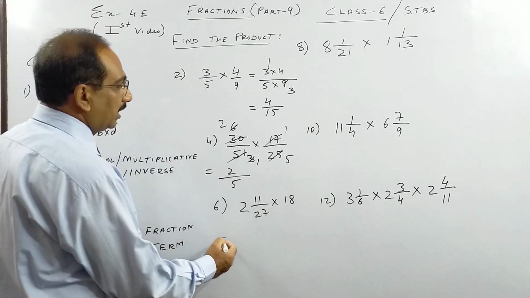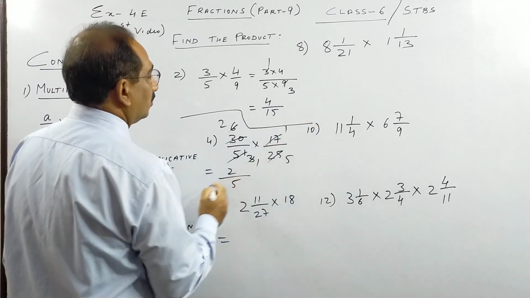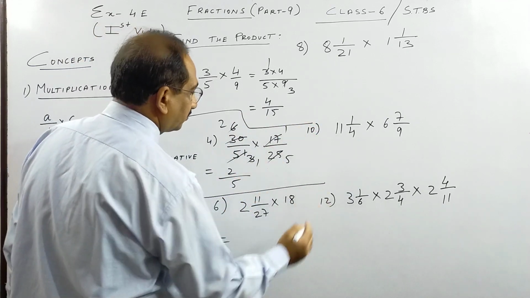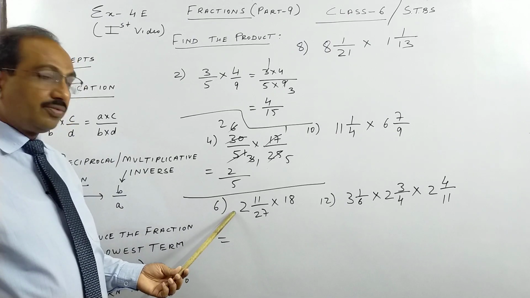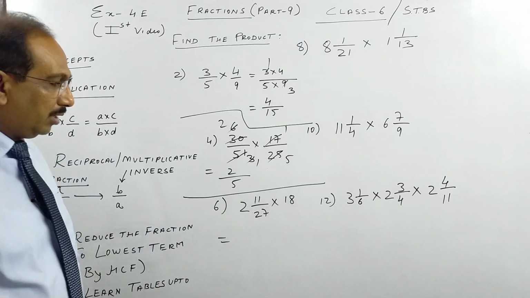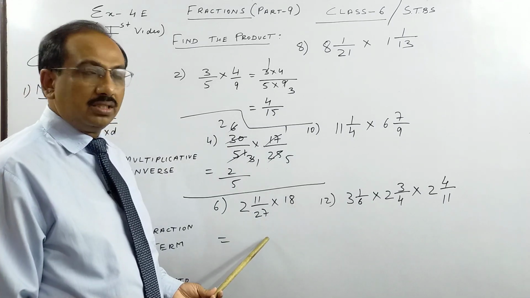Let us see number 6. First we convert the mixed fraction into an improper fraction, then only you can cancel. You cannot cancel anything yet.